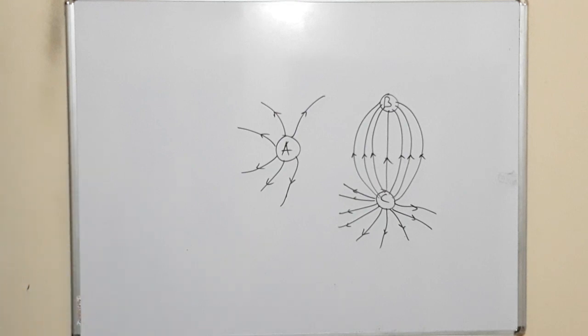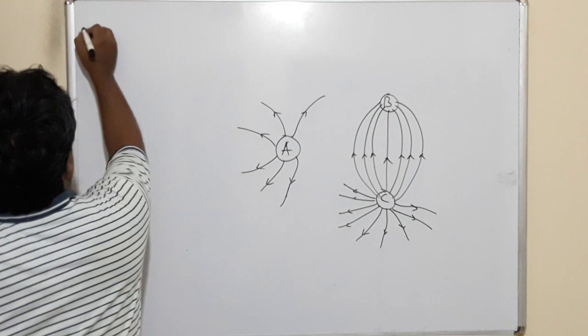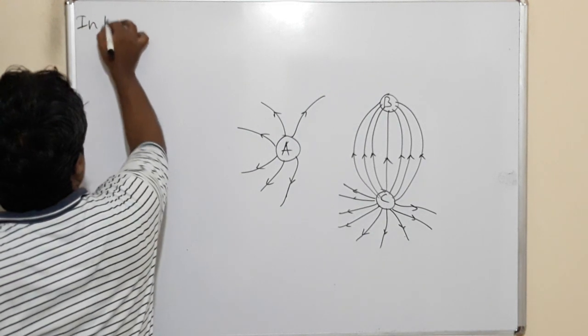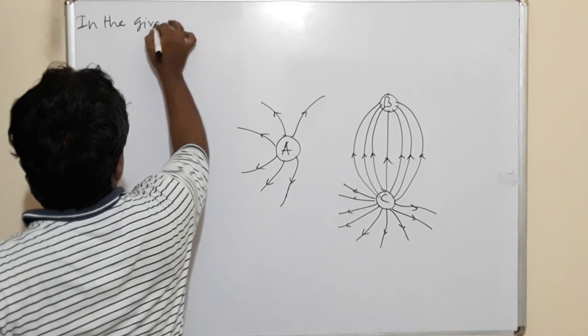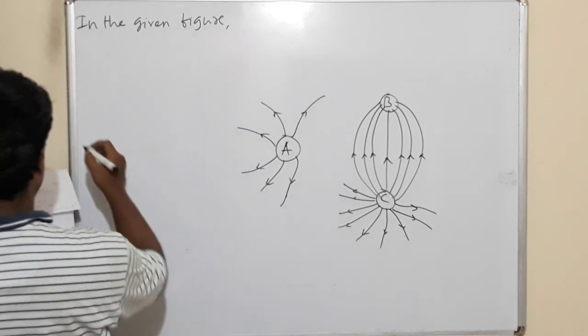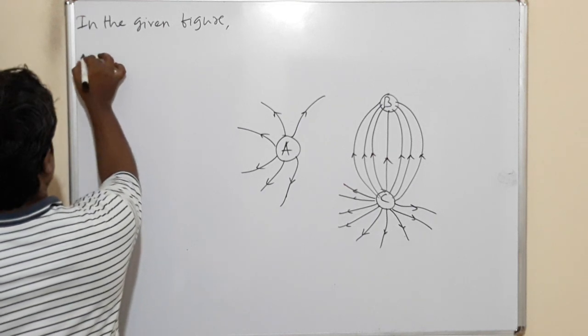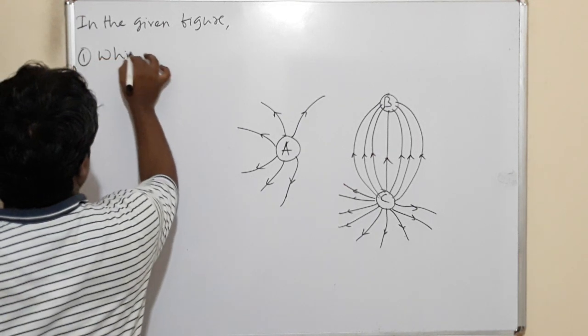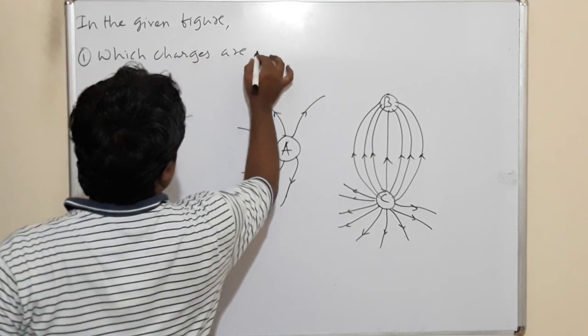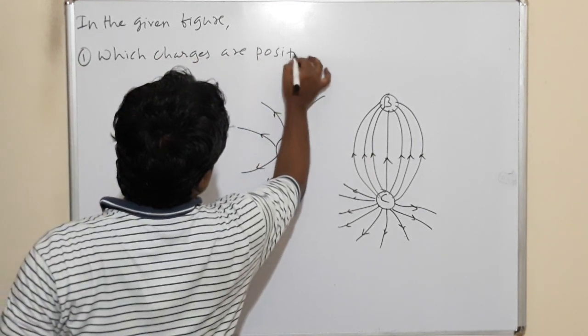And the question is like this: field representation in the given figure. Question number 1: which charges are positive?